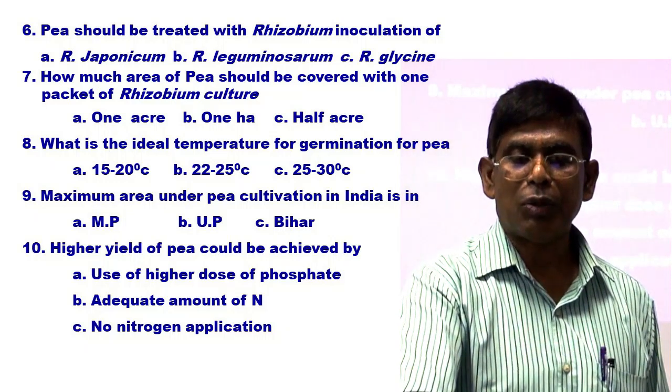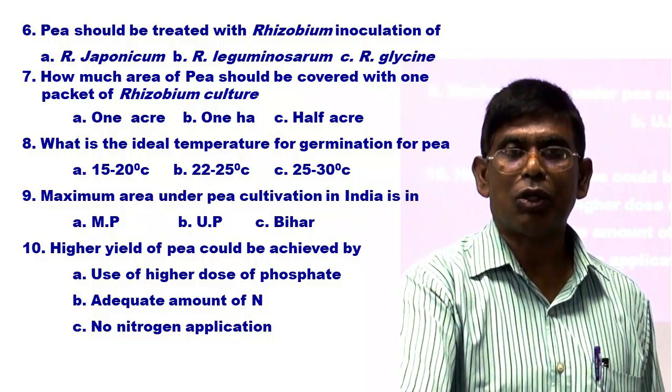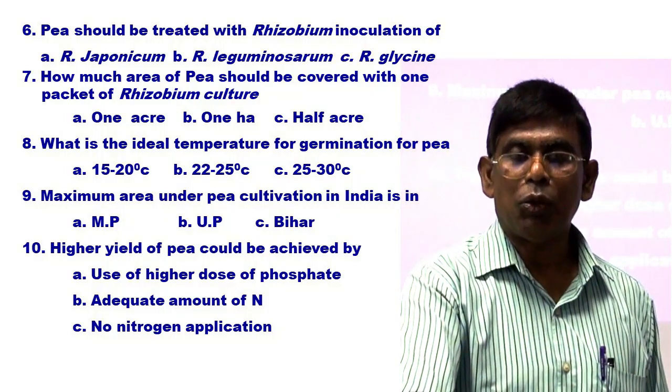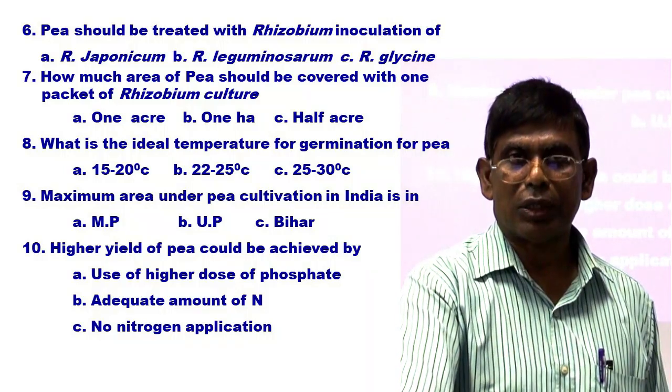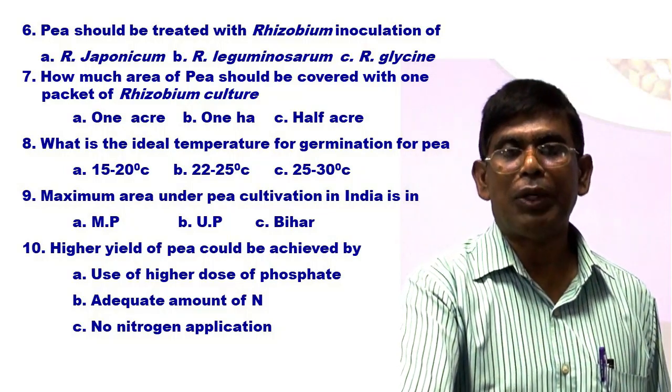So phosphorus management is very important. Use of a higher dose of phosphate can boost the yield. So the answer is use of a higher dose of phosphorus. And this is all about field pea production, and thank you very much.